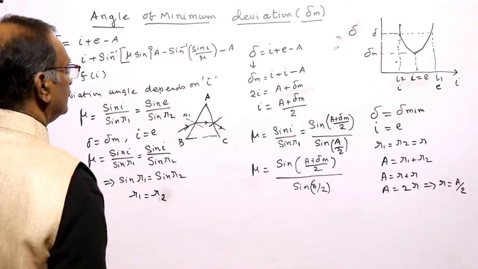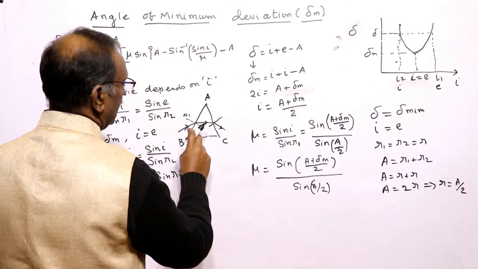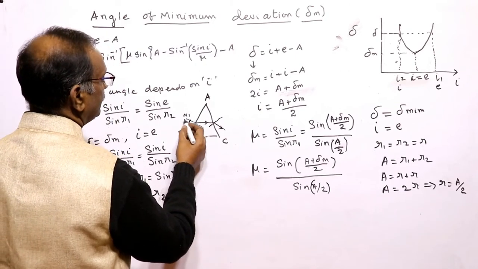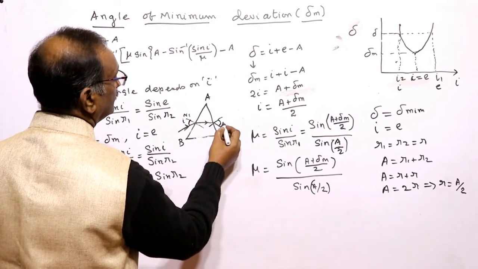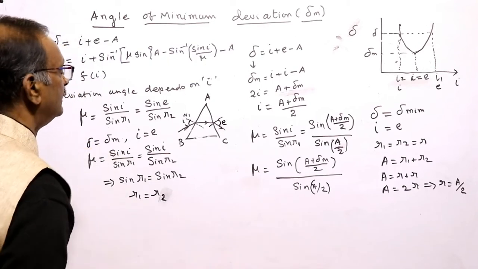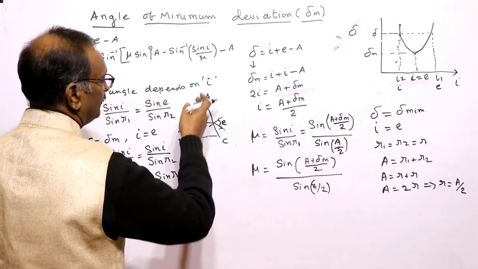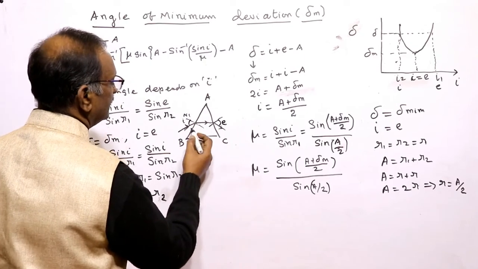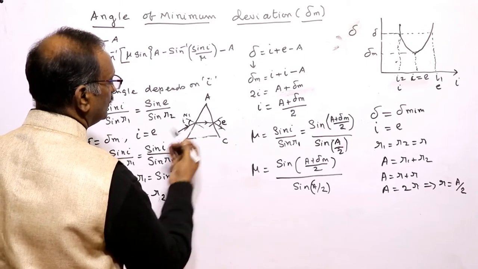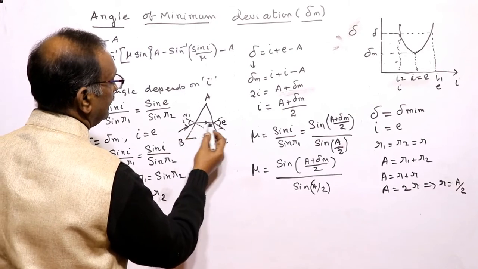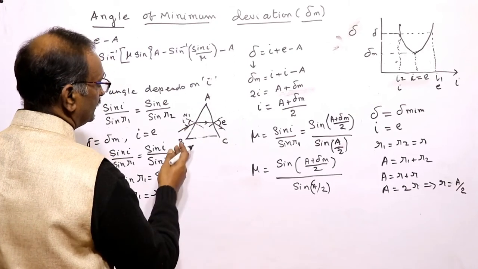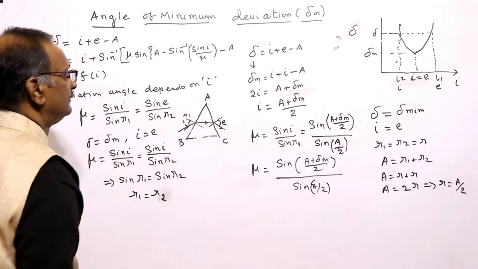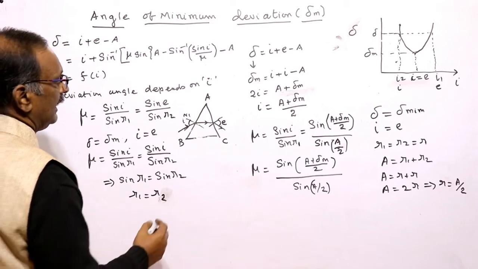It means the angle of incidence and the angle of emergence are symmetrical with respect to faces AB and AC. Since I is equal to E, the ray is symmetrical with respect to faces AB and AC.